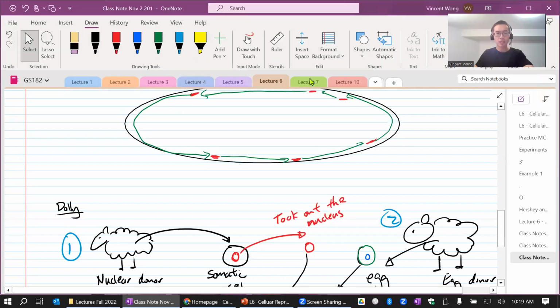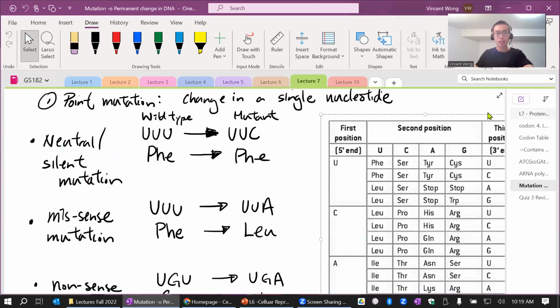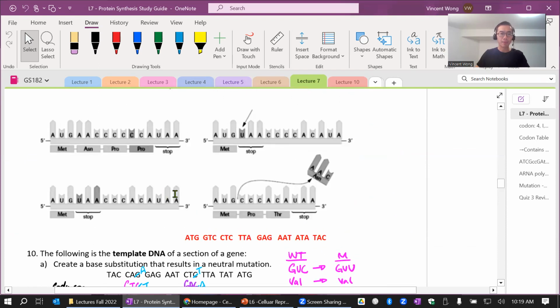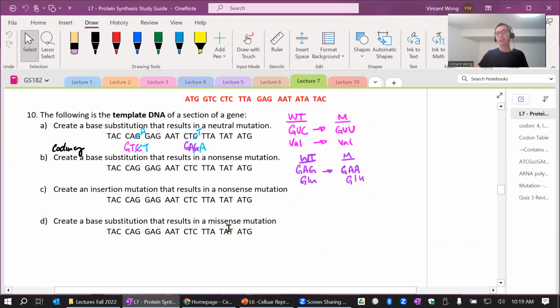For lecture 7, you need to print out the study guide, because there are questions that we have to do together in class to help you understand it. These are kind of like math and chemistry problem solving. So make sure you get a copy of that.